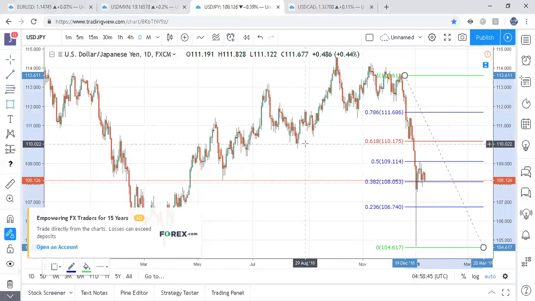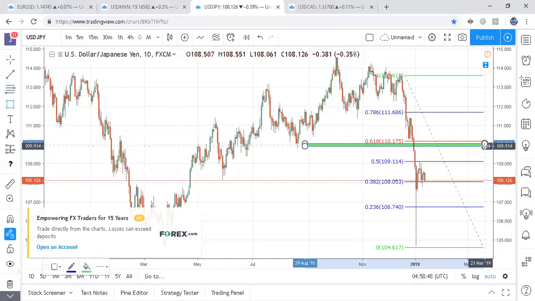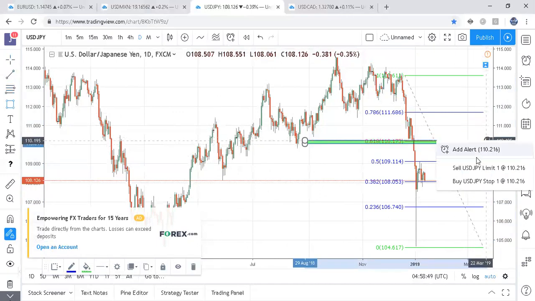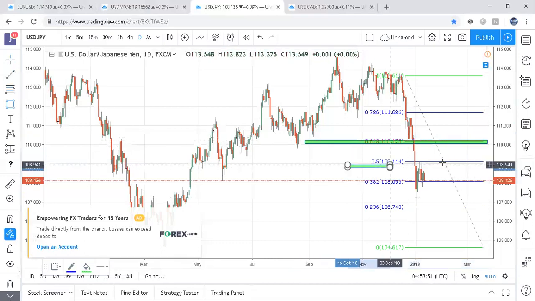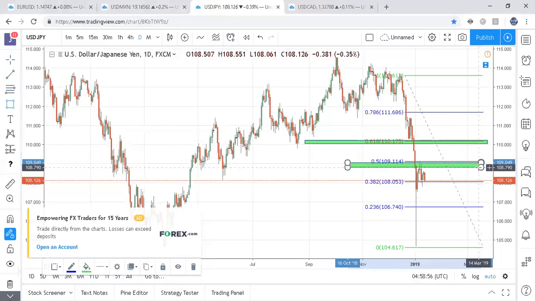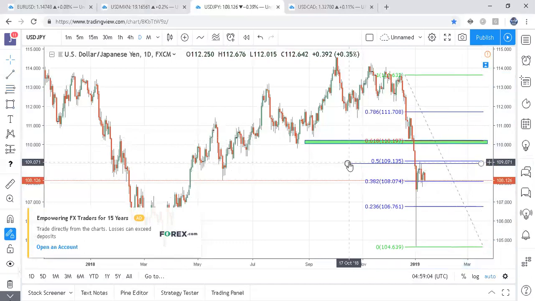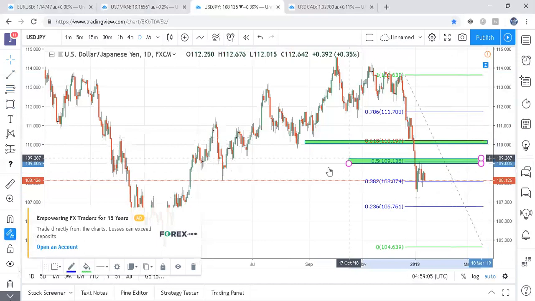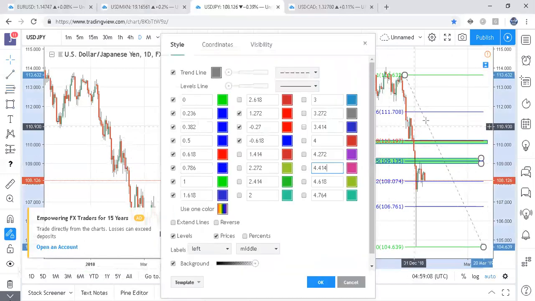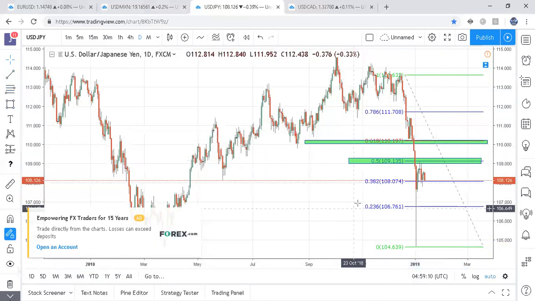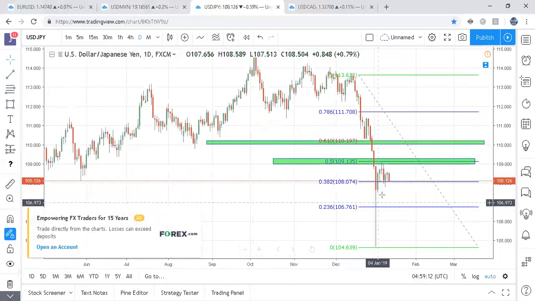This is what I'm liking for my zone, and this is the zone that it has to break to give me my zone of entry. All right. So that's what it's looking like on UJ.